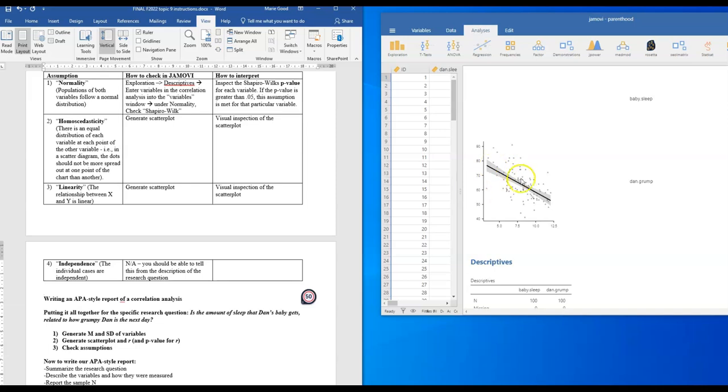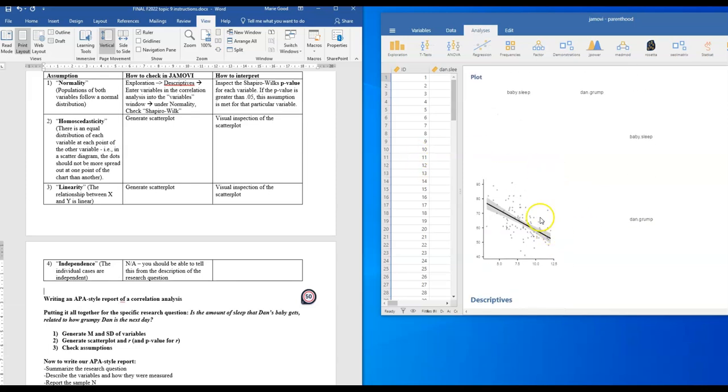Again, sometimes it is hard to tell from a visual depiction, but just do your best and try to get the sense that there's not a clear, for example, curvilinear association between x and y. If the relationship between x and y seems approximately linear in terms of the line you might draw through the dots, then that assumption has been met.